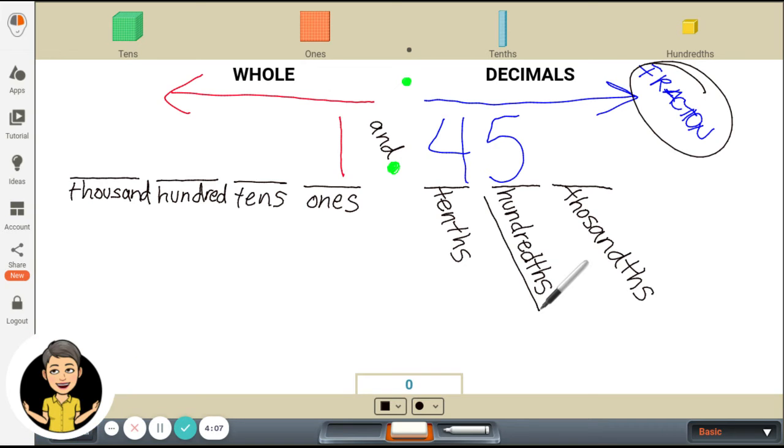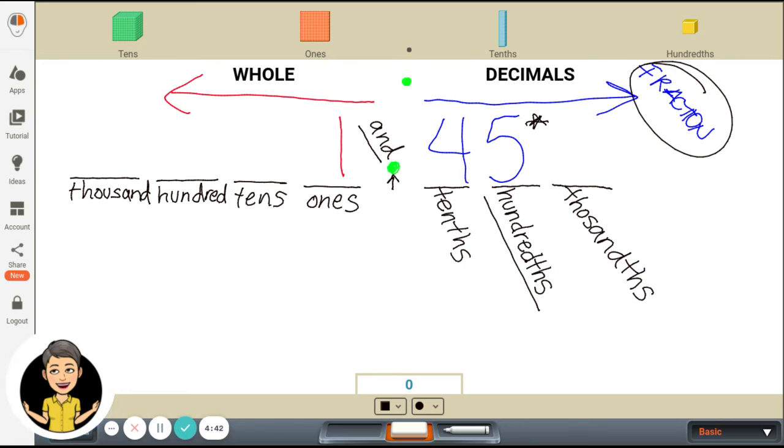The last digit that you have written on your decimal side is going to be the digit that gives the name to the whole decimal number. Notice that whenever I am talking about the decimal, I said and. So this number is read 1 and 45 hundredths.